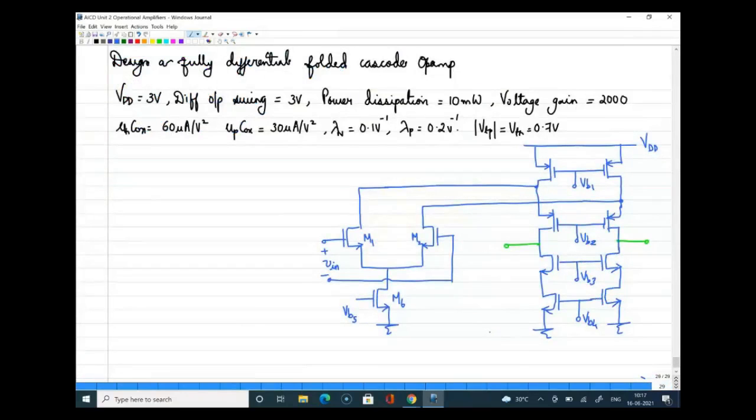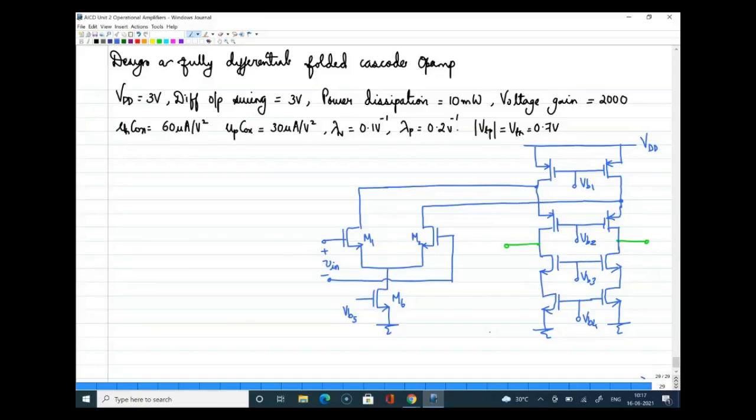The supply voltage is 3, differential output swing is 3, the same specification as that of the telescopic op amp. The voltage gain is also the same; all the specifications remain the same. What you are seeing on the screen now is the circuit diagram of a folded cascode, and we are doing it with an NMOS input pair.